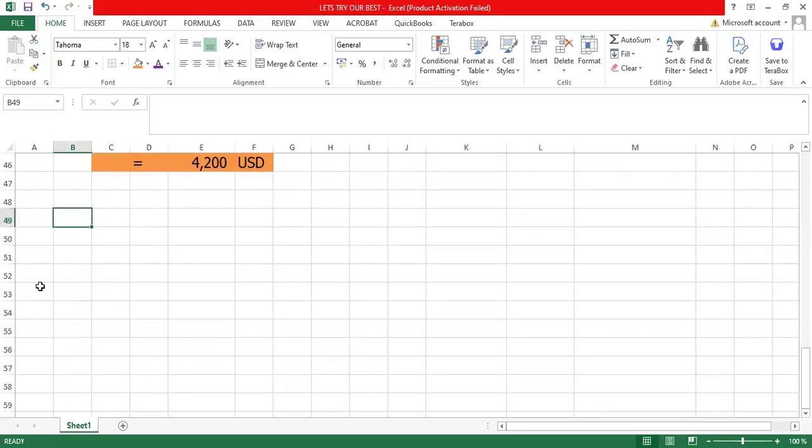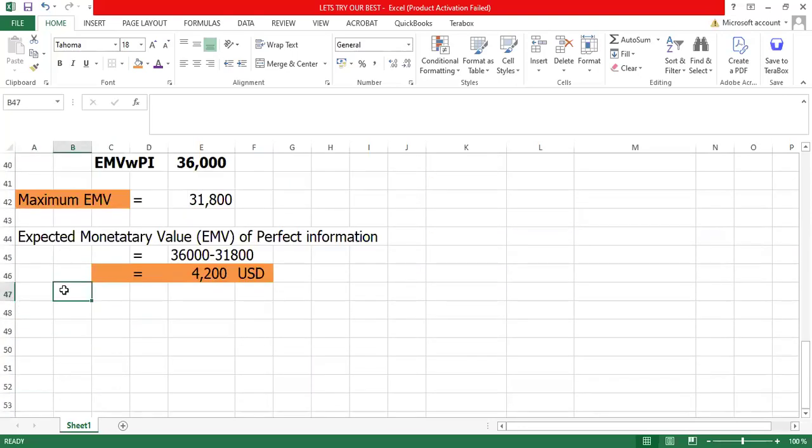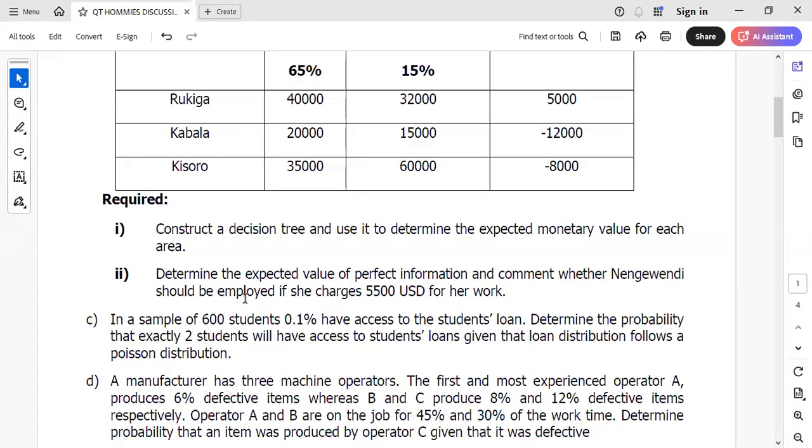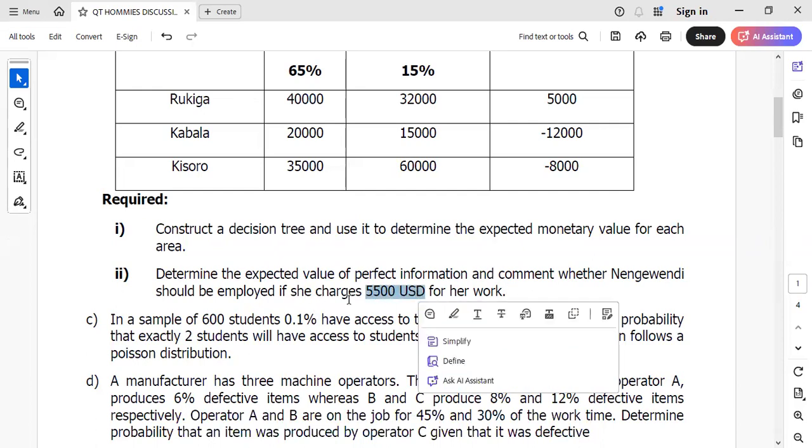Please, you're finding it is the same question. Okay, so from the part, remember they said you comment on whether Nange Wendy should be employed if she charges 5,500 US dollars.